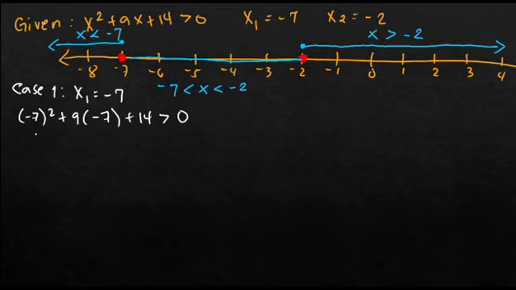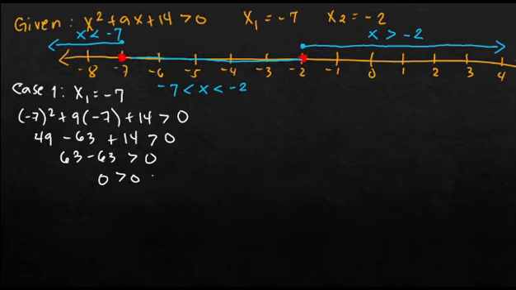Negative 7 squared is positive 49. 9 times negative 7 is negative 63 plus 14 greater than 0. We can add up first 49 and 14. So that is 63 minus 63 greater than 0. Then we will get 0 greater than to 0, in which this is false.